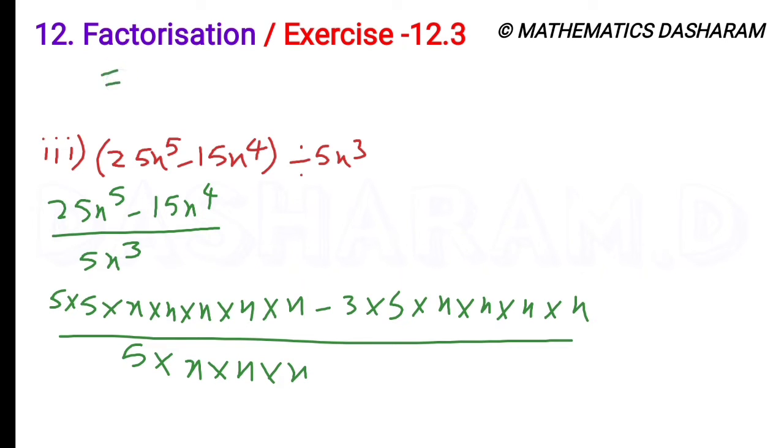So in the numerator we can take one 5 common, next one x common, one more x common, one more.